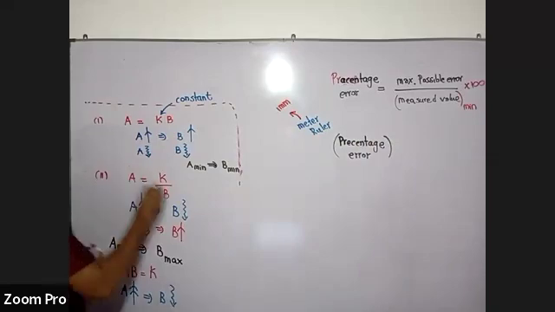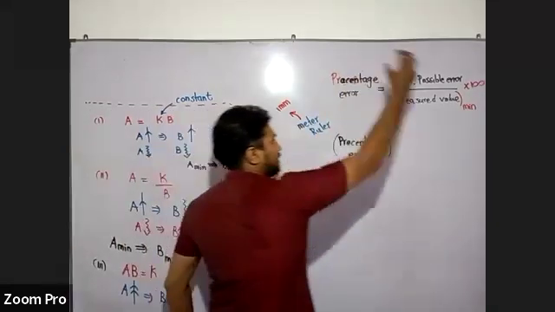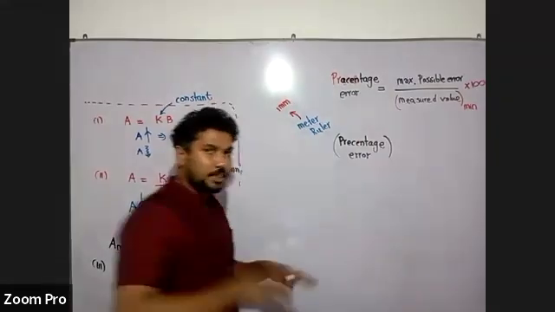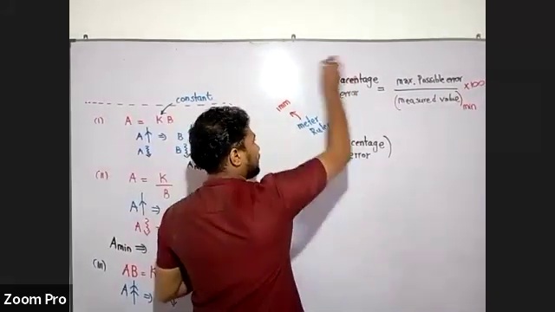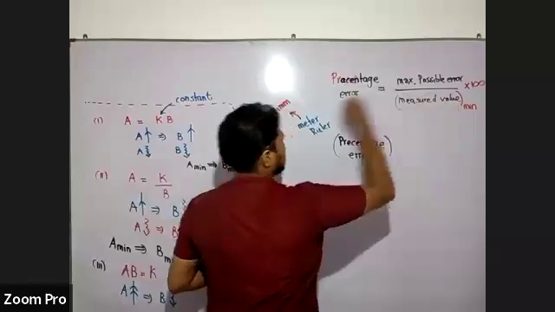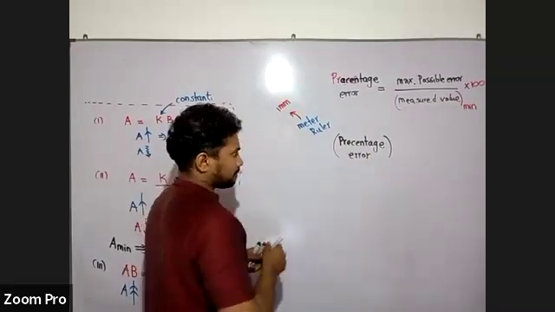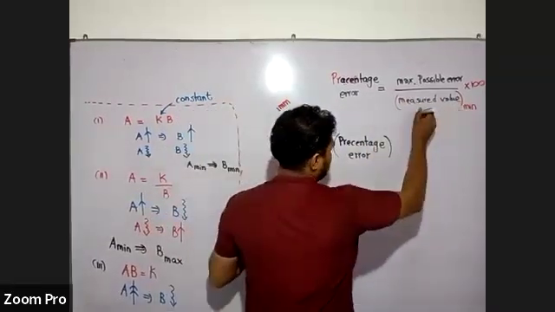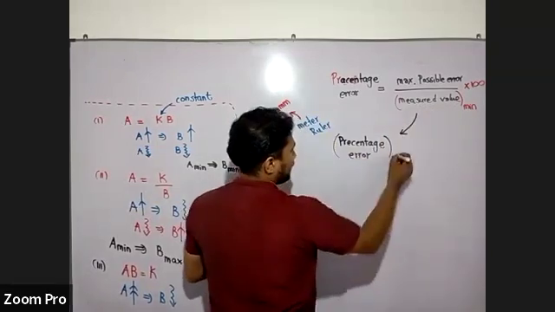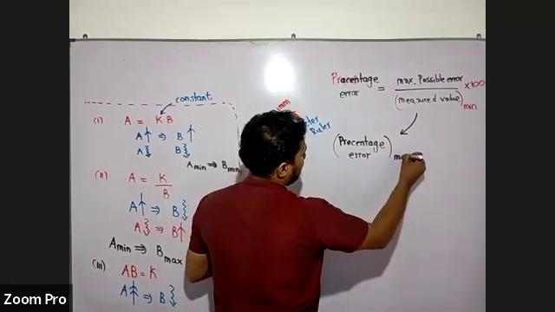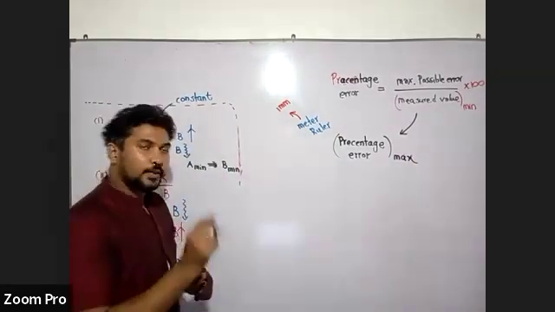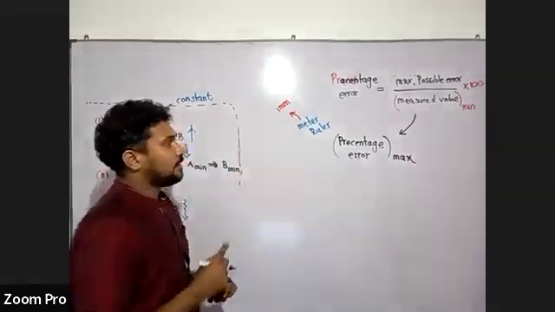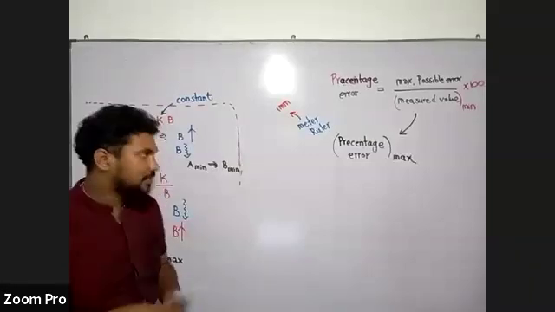That means the percentage error and the measured value have a reciprocal relationship. When the percentage error is increased, the measured value should decrease. So if the measured value is minimum, the percentage error should be maximum.